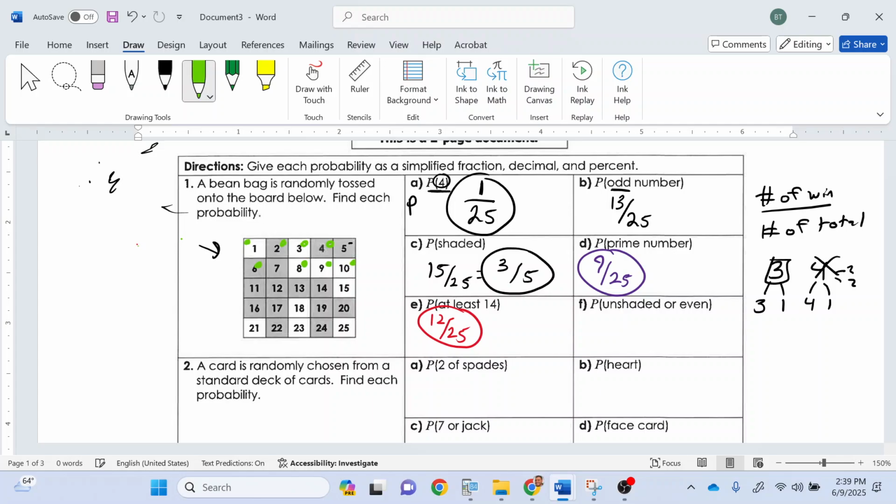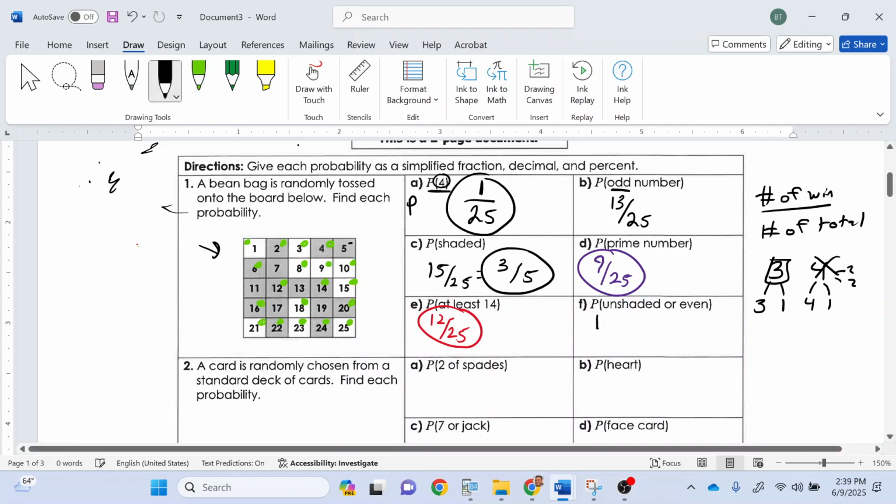Continuing through the rest, counting each even or unshaded number, in this case I have 5, 6, 7, 8, 9, 10, 11, 12, 13, 14, 15, 16, 17, 18, 19. So it's 19 out of 25 on this one.